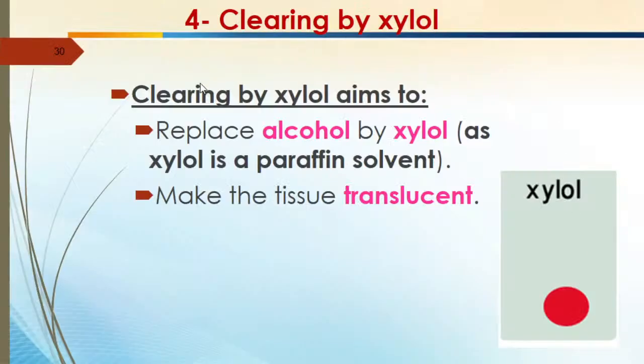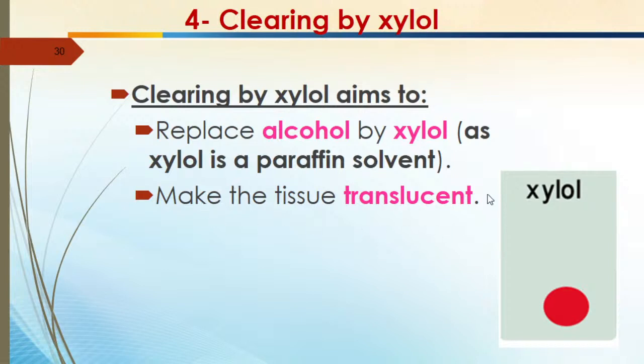After that we put the piece of tissue into xylol. This procedure is named clearing. The aim of clearing is to replace alcohol by xylol, as xylol is a paraffin solvent used for paraffin techniques.